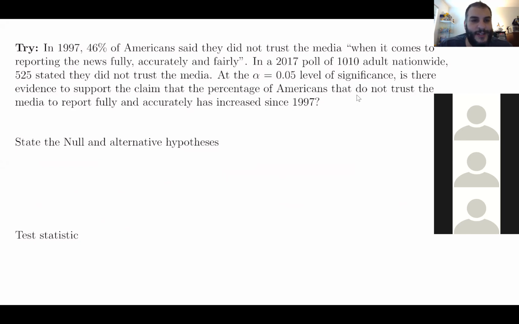All right, the first thing you want to do is label everything. We want to label what n is, what x is, and what p naught is. For this one, what's my n? 1010. Perfect.